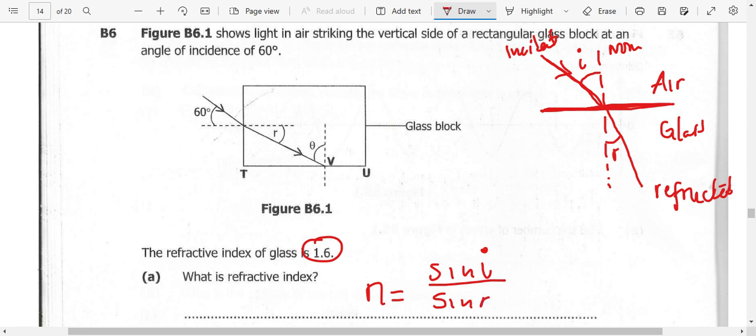So, from this formula I've written here, what can you say? Now explain in words. I've written an equation, now put it in words.